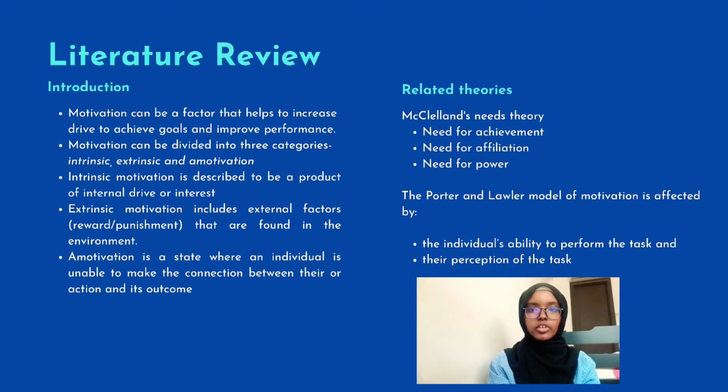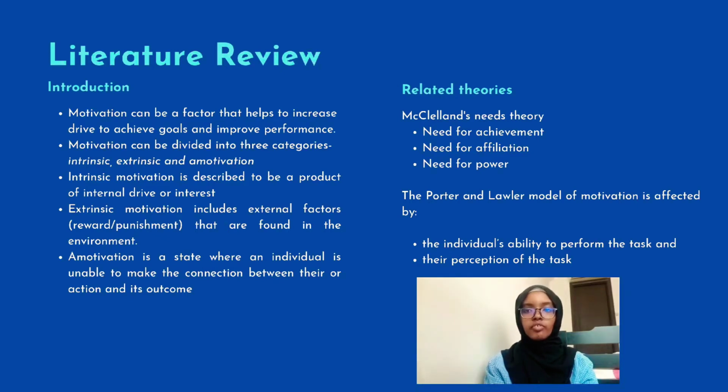There are two theories that we have chosen to explain motivation. The first one is McClelland's needs theory. This theory includes three types of factors that can help in motivation. The first one is need for achievement. This describes a personal need for achieving a goal, and can contribute to actions or behaviors that lead to achieving a certain goal.